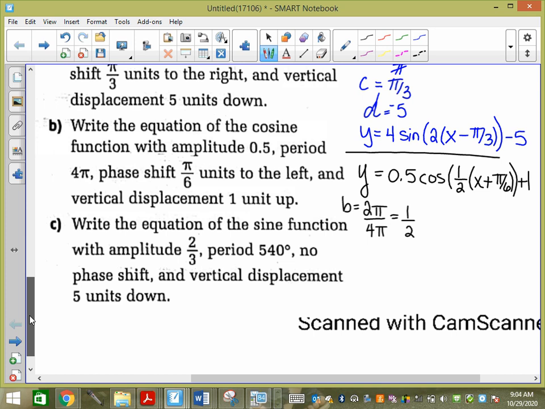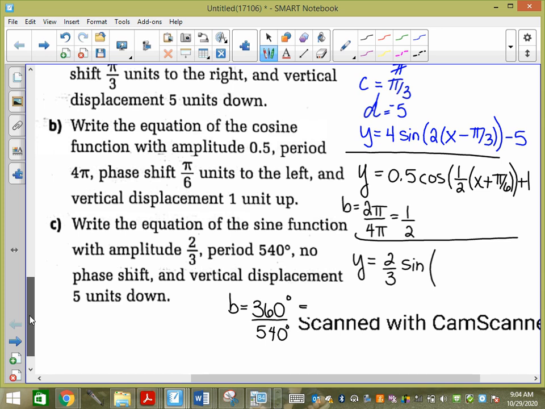For this one, these are just taken right from your textbook. Write the equation of the sine function, so y equals amplitude of 2/3 sine. B, the period's 540. So B is going to be 360 divided by 540 degrees. What do I get?